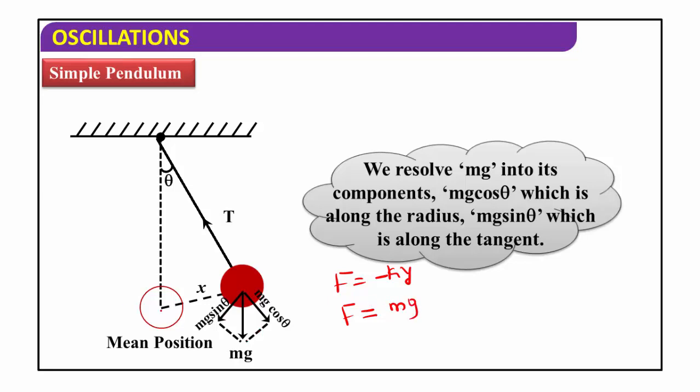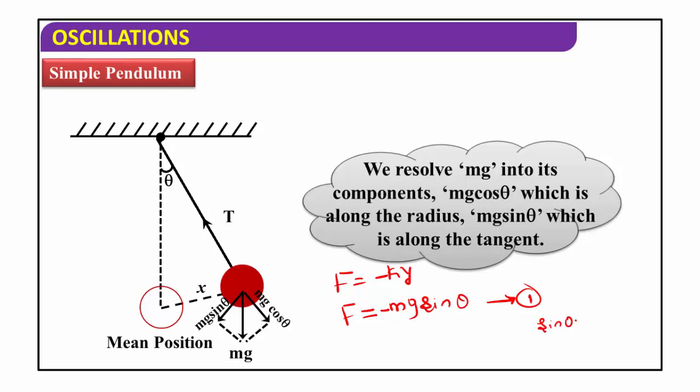It is always directed towards its mean position: F equal to minus mg sin theta. Here also the negative sign indicates that force and displacement are oppositely directed.